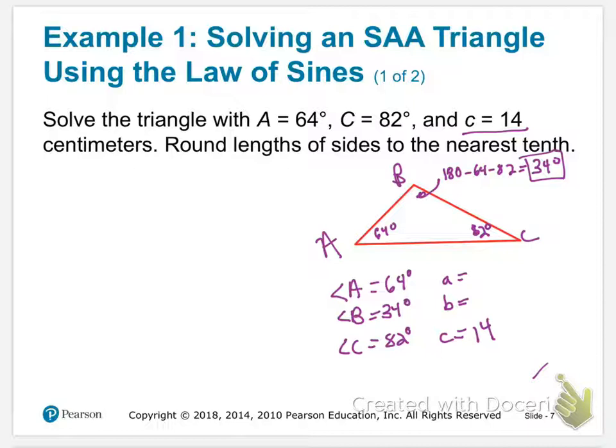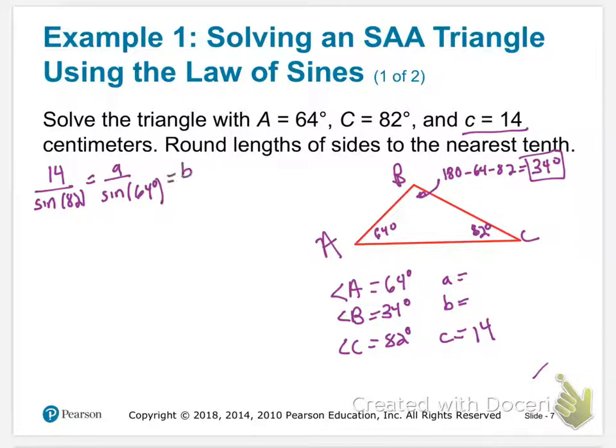We have to make sure that we're using the C's, because we have the full pair given to us. So we know 14 over sine of 82 equals A over sine of angle A, equals B over sine of angle B. Oh, we know what angle A is. Silly Jenkins. 64 degrees.